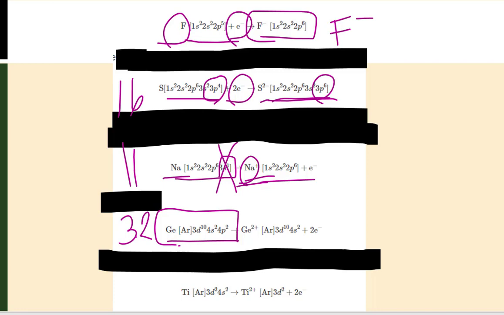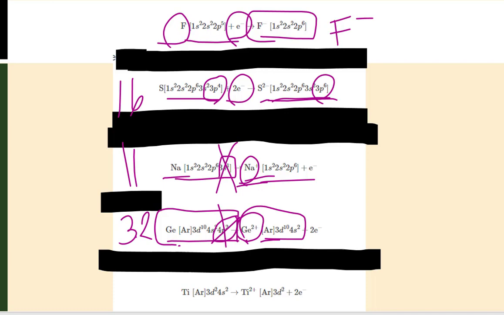Well, germanium wants to become a 2 plus ion. That means it's going to get rid of 2 electrons. Well, which 2 is it going to get rid of? The highest 2. Going to get rid of that 4p2. So we're going to have Ge2 plus, so argon, 3d10, 4s2.